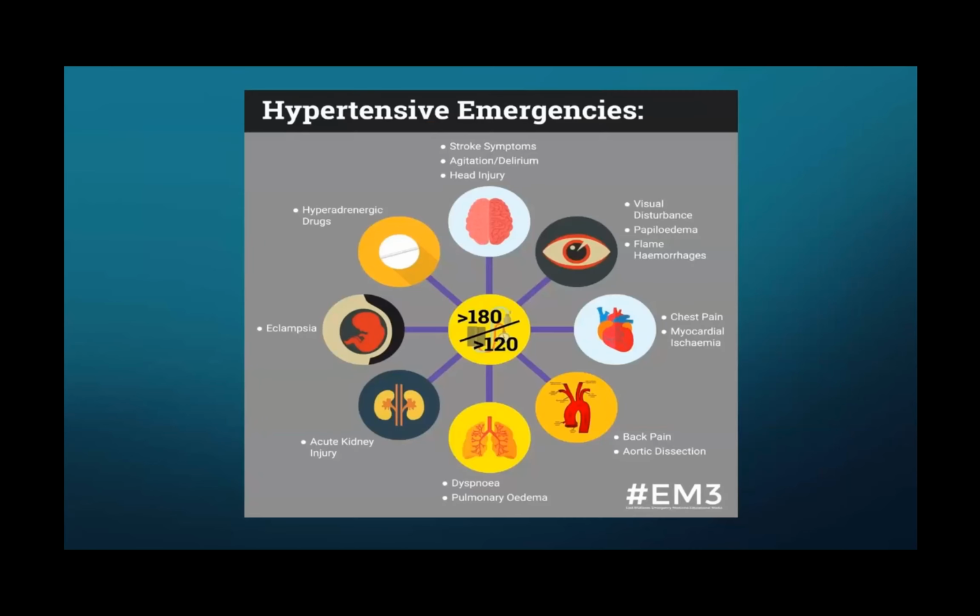So in terms of lab abnormalities, what are things you would want to check? What is the blood work that you want to get for this patient? BNP, also urinalysis.